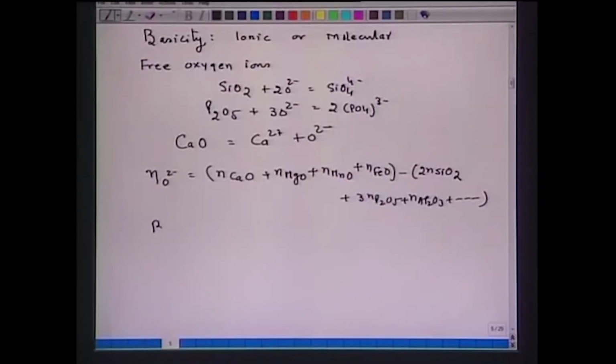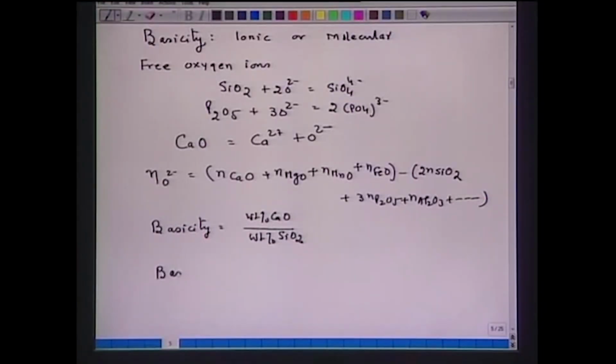So, normally on the shop floor, basicity is defined in a very simple way: weight percent of calcium oxide upon weight percent of SiO2. Now, suppose some other oxides are also present, for example MgO or P2O5, then basicity is defined in terms of CaO equivalent of MgO.